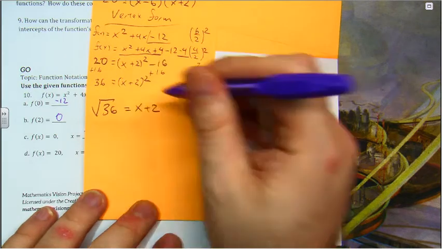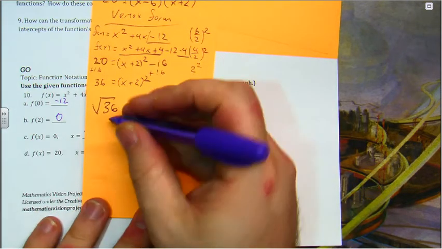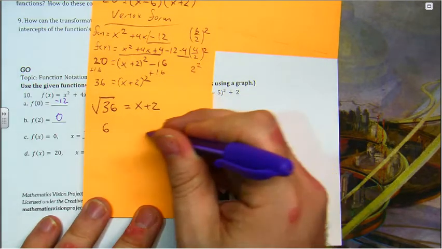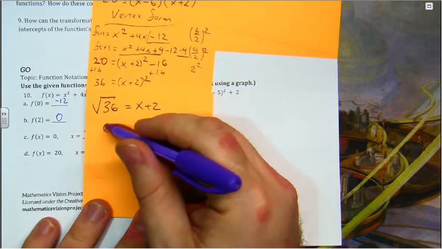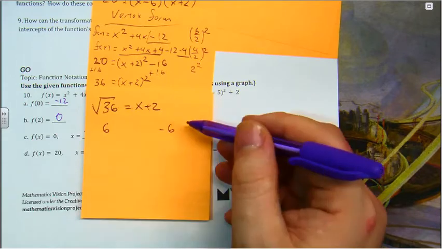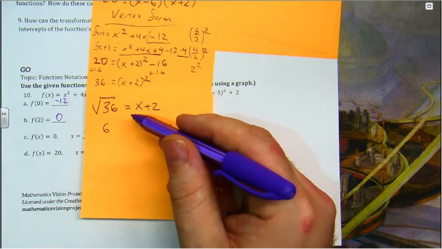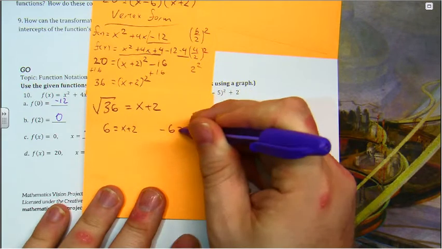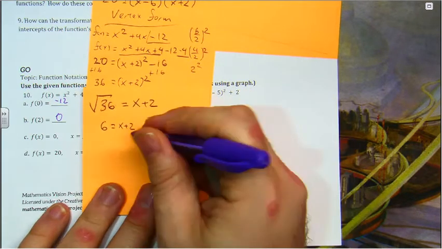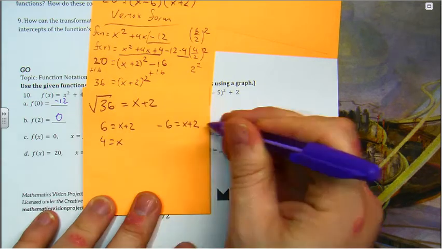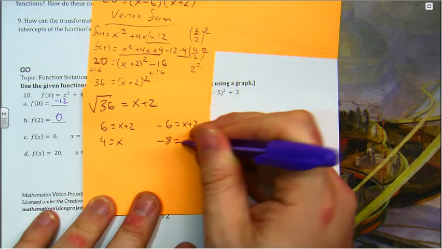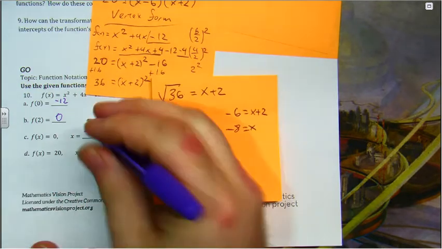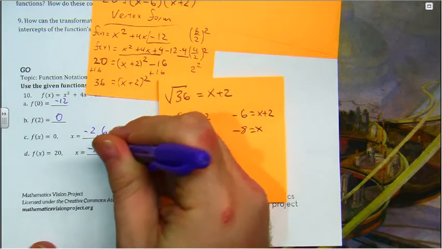If I square root both sides, the square root of 36 is either 6 or negative 6, right? Because 6 squared is 36, negative 6 squared is 36. So 6 equals x plus 2, or negative 6 equals x plus 2. So 4 equals x, or negative 8 equals x. So those are the values that will give us 20, either negative 8 or 4.